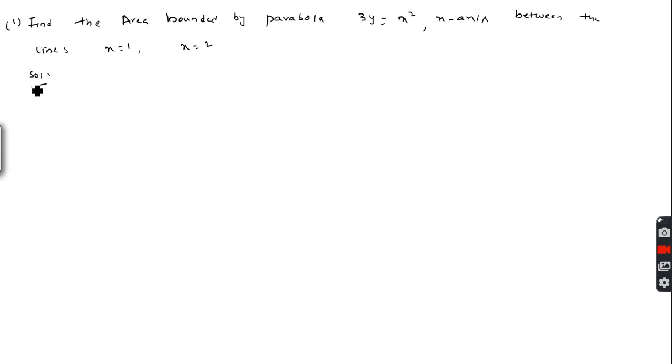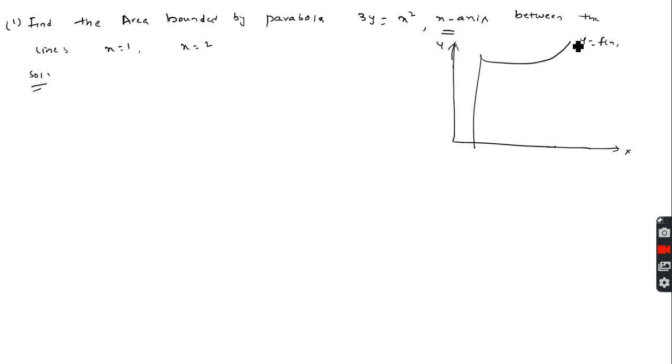So therefore, first, given that it is in the x-axis, that means the function is given in the x-axis, that is y is equal to some f of x. So what is the starting one? The ordinates are x equal to 1 and x equal to 2.